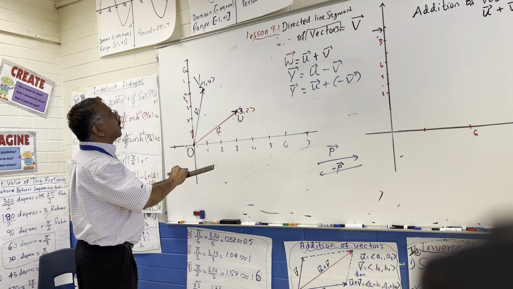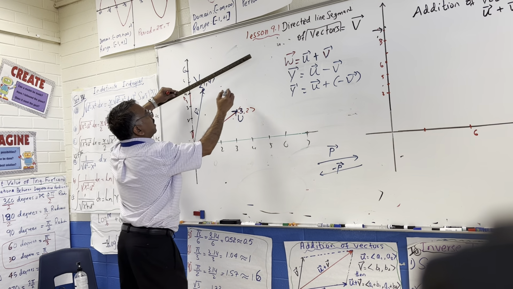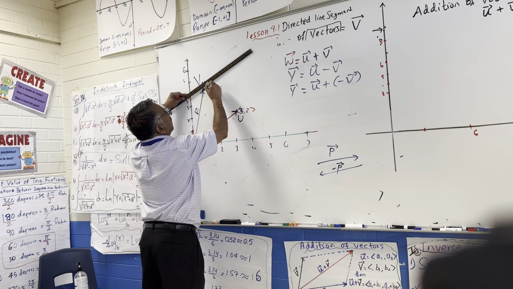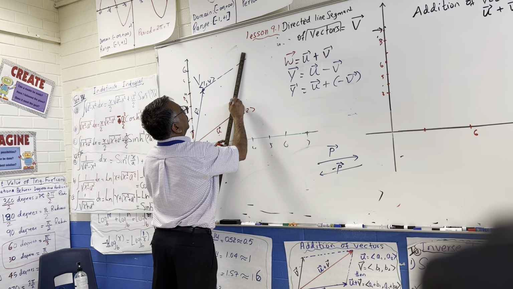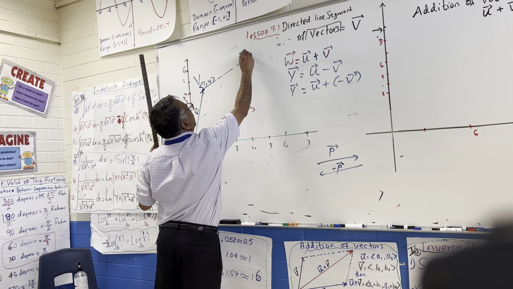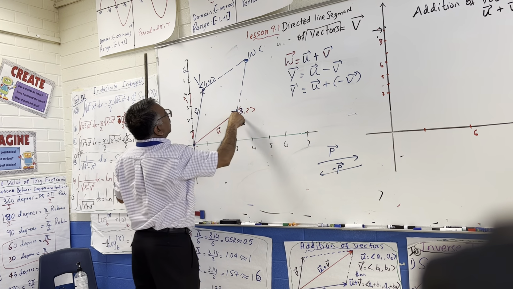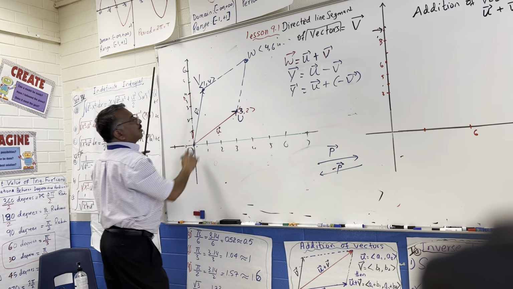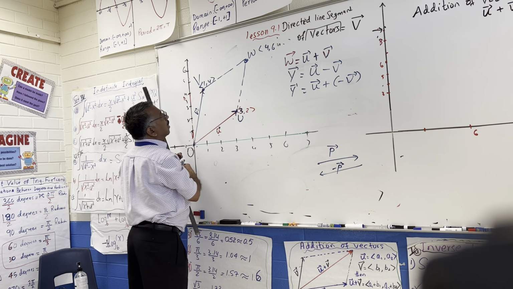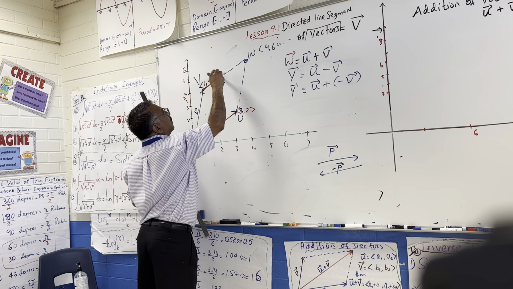So I have to complete the same figure again. So this was the w, which was 3, 4 and 6. Now if this is u bar, this also is u bar.